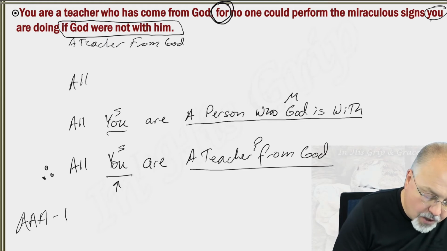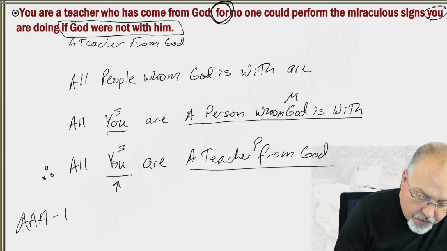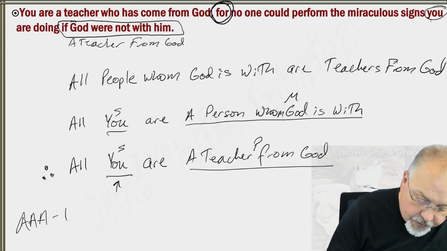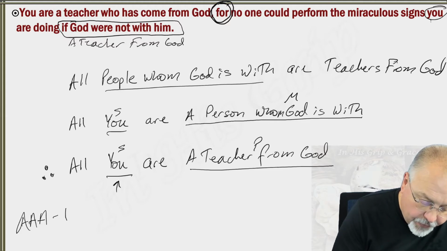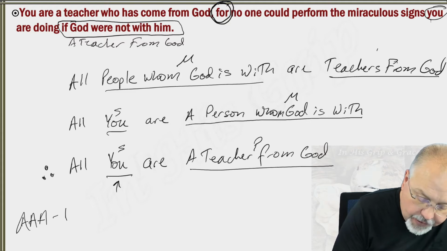So a person, all people whom God is with are teachers from God. Okay, here we go. This is M, people whom God is with. M, teacher from God. This is P, right?